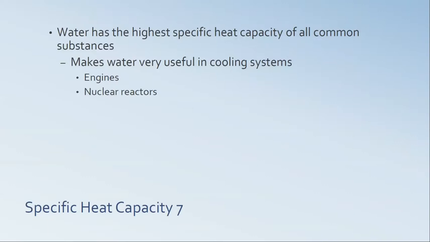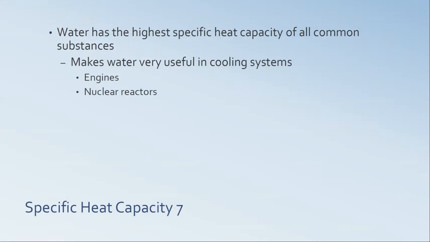So water is commonly used in the cooling systems for these internal combustion engines because that water can absorb a lot of heat without raising its own temperature very much, take it away from the engine, and then disperse it into the environment, usually through a radiator. We can also use water to cool things like nuclear reactors.